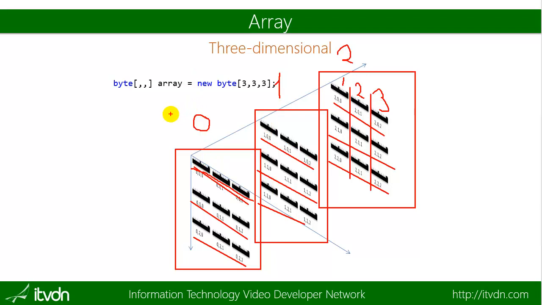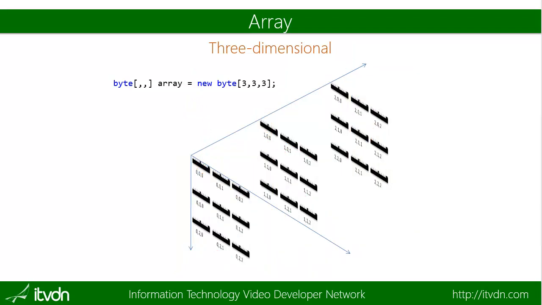Now, if you have something like this, what we are going to do is try and look for a book. Let's say we want to look for this very book, 2.1.1. We write byte, and we have our open and close square brackets, array, and this is our construction.